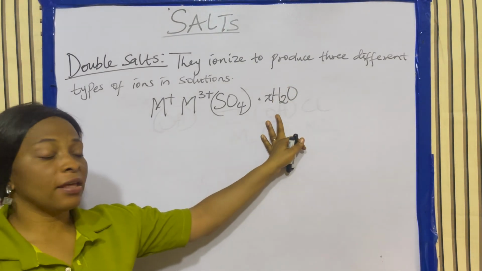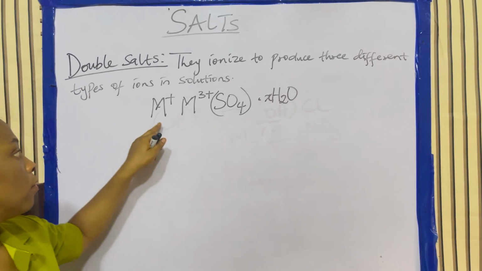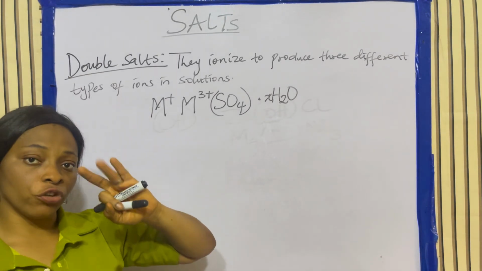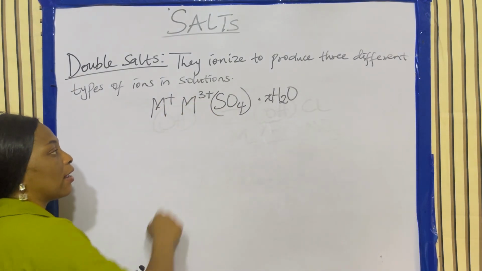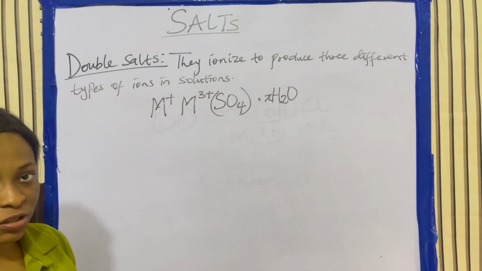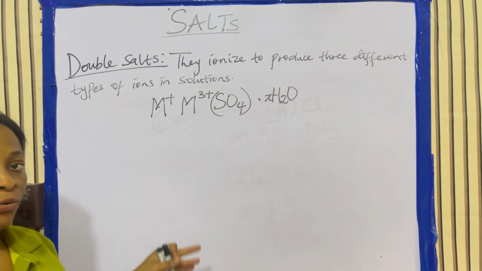Usually, the formula is this. Now, the three different ions in solution they produce are two that are positively charged and one that is negatively charged. These are the three different ions they produce.